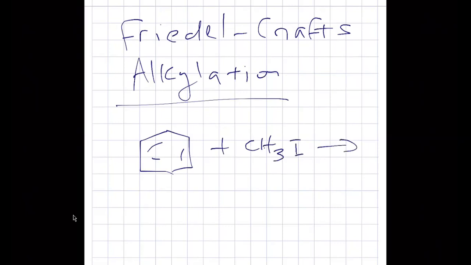And you react this in the presence of aluminum trichloride. And what you get from that is the aromatic ring with an alkyl group attached to it.